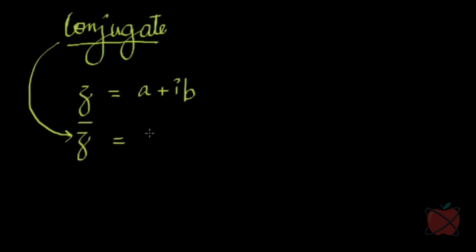So the last part of the theory that I'm going to be discussing with you is the conjugate and the modulus. The conjugate of a complex number z is denoted by z with a bar. Suppose you have z equal to a plus ib, then its conjugate, denoted by z bar, is always going to be a minus ib.